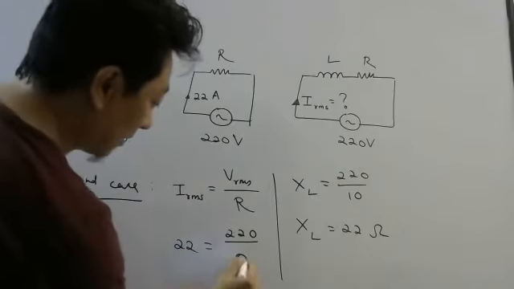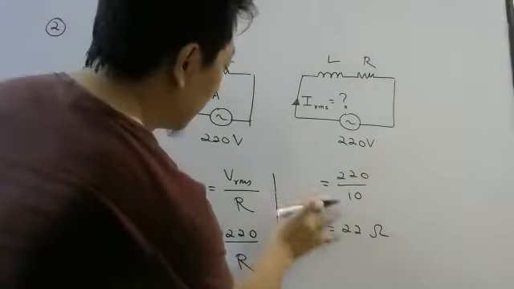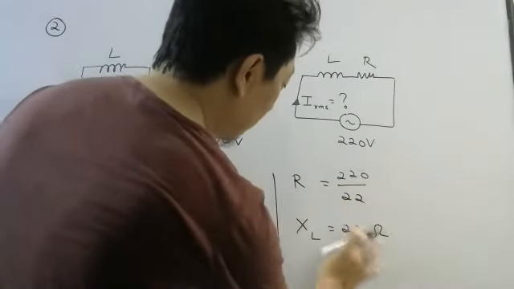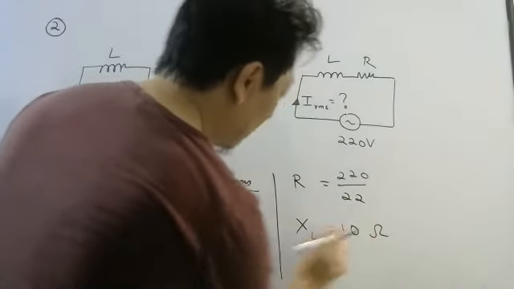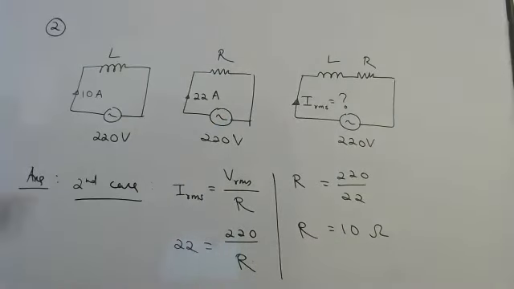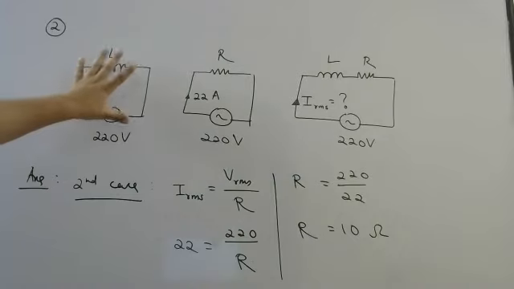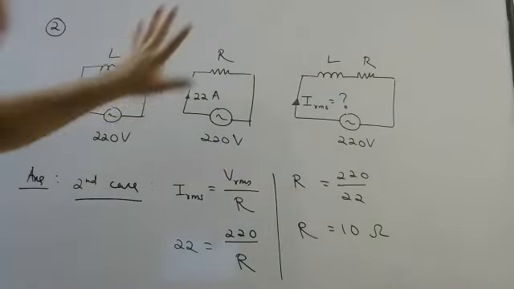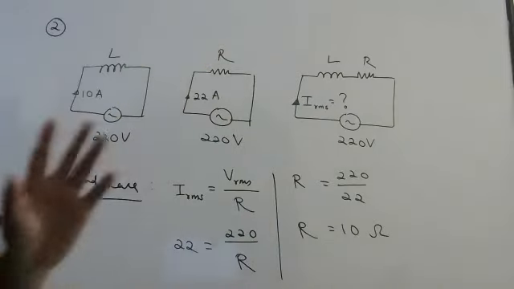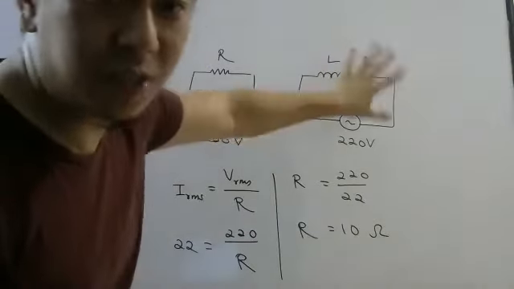This is R. So if you cross multiply, your R will be 220 by 22. That will be 10. So basically from this information, I calculated inductive reactance. From this information, I calculated resistance. Now I can solve for this part.